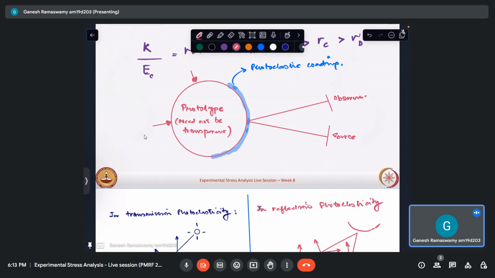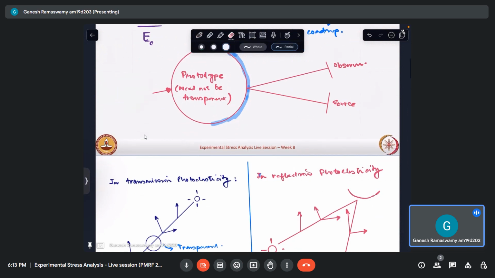So since we are trying to study the surface strains, it is essential that the coating participates as little as possible in the load sharing, or rather, the coating does not reinforce the specimen.